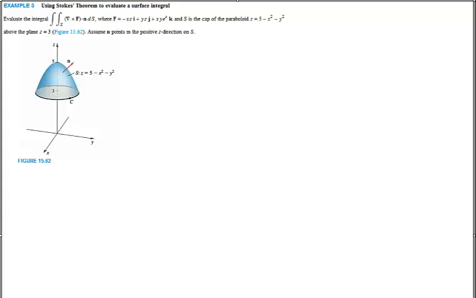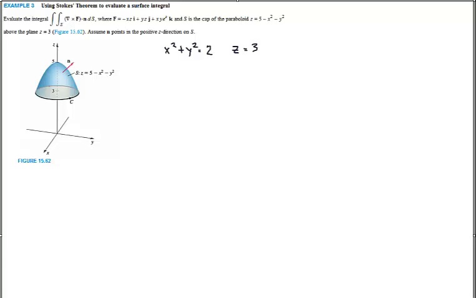So we've got this projection downward. That's just going to be x squared plus y squared equal to 2, straight down, with z equal to 3.